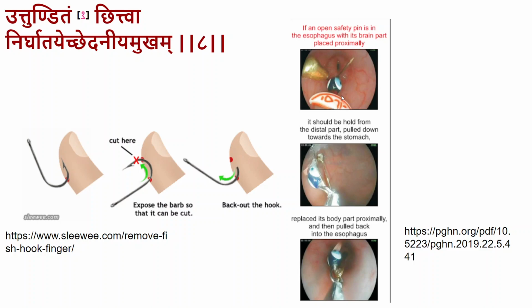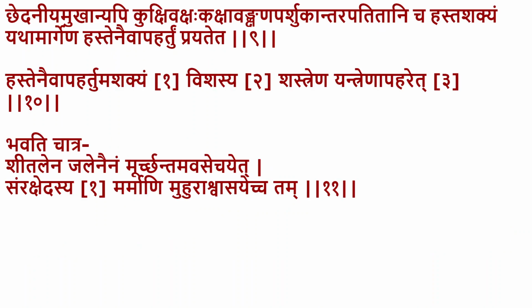Once it is closed or locked, it is safer, and its size is such that it can be expelled out, or it can be pulled back safely without producing injury. This technique of modifying or altering the shape of the foreign body in such a way that the injury is minimal is an advanced concept, and the original idea is from Sushruta when he says Uttumnizam Chitva Nirghate Chedaniyam.